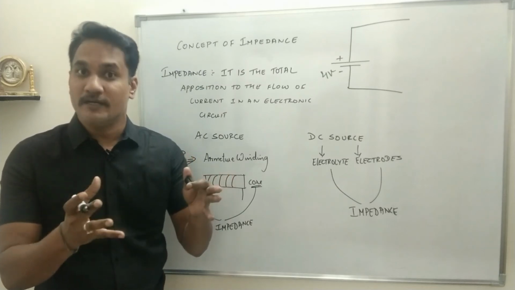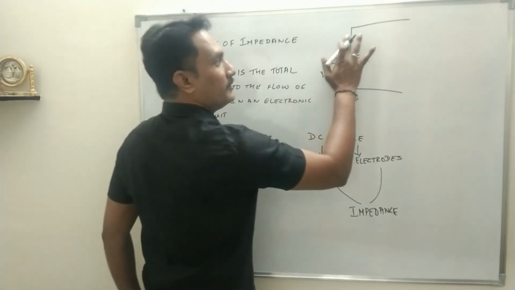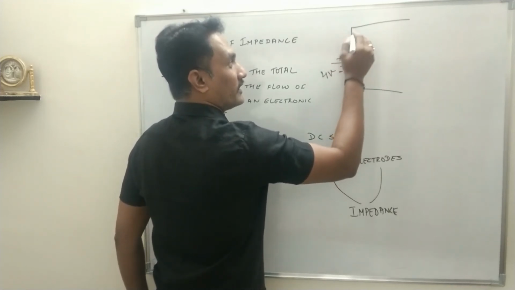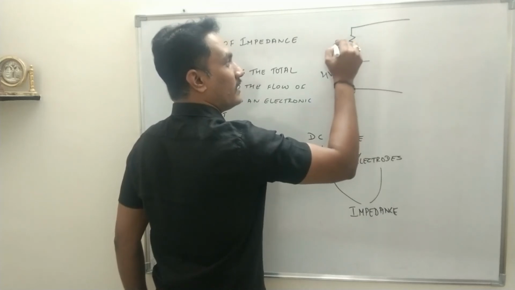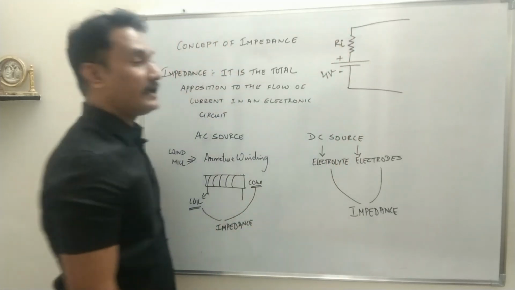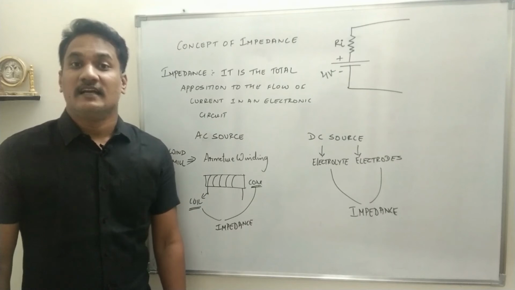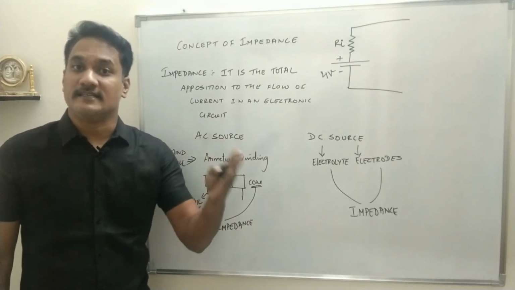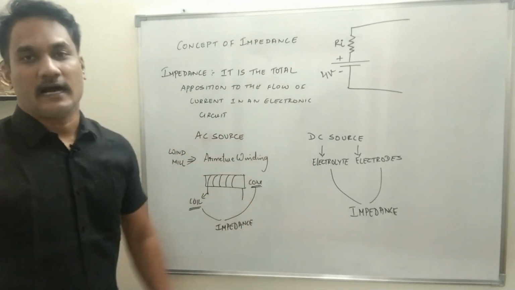That means impedance. That opposition to the flow of current is called the impedance of the source. We denote it by Ri. Ri indicates the internal impedance, or in other words the internal resistance, of the source.